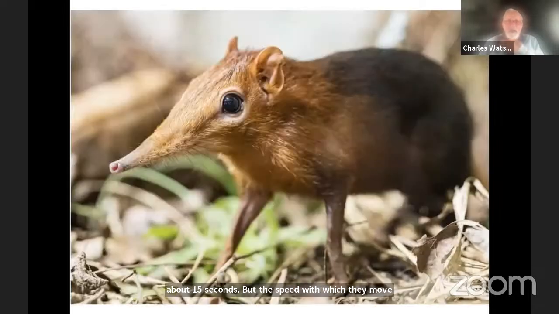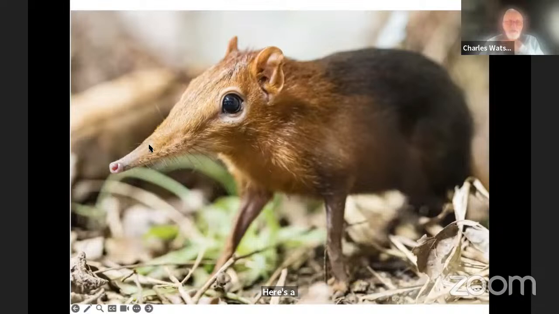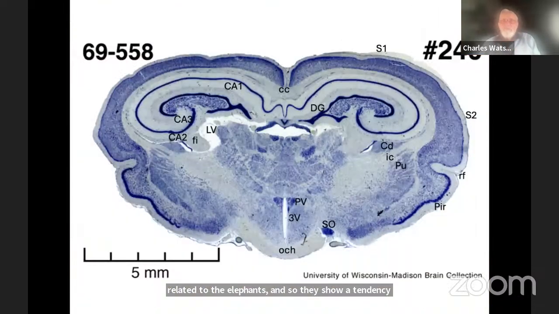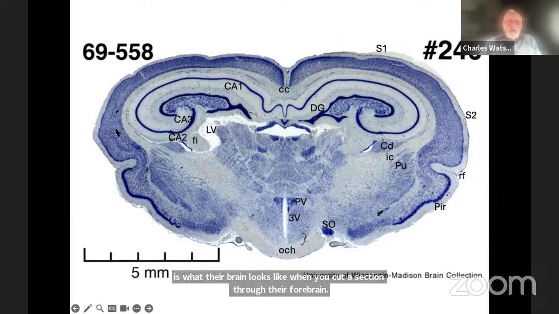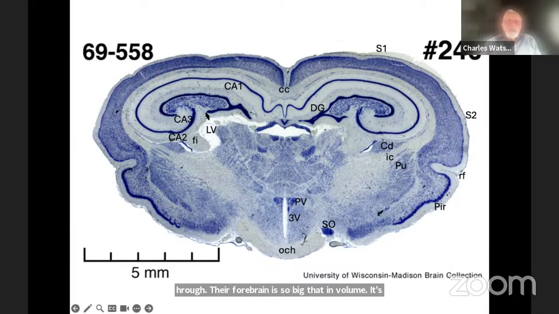Here's a Sengi. They do have a long snout, so they are related to the elephants, and so they show a tendency to have a snout like a part of their face, and this is what their brain looks like. When you cut a section through their forebrain, the hippocampus is so big that in volume, it's around about the same volume as the rest of the whole of the neocortex.